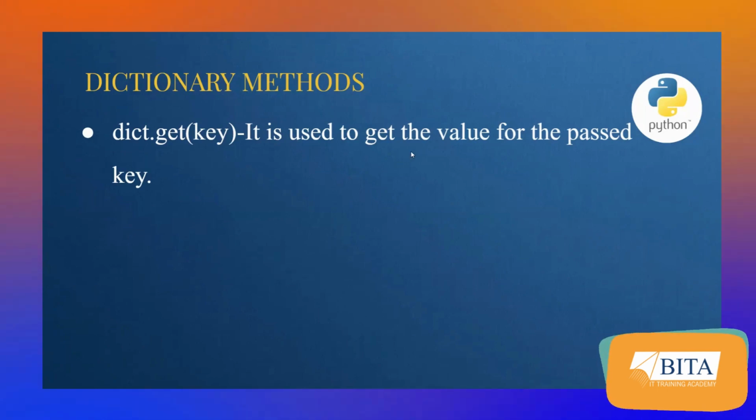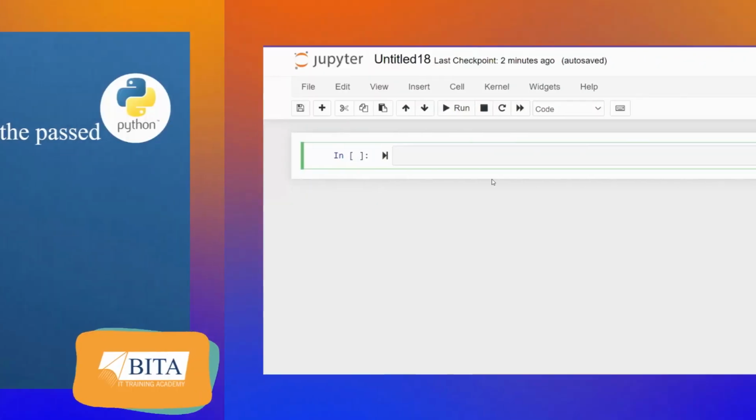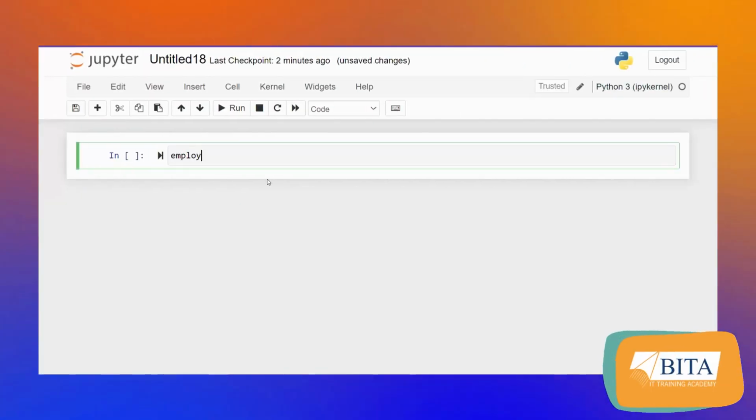Okay. So for example, we have a dictionary called employee. In that employee, we have some data. Employee name, that is name. If it is a string input, we have to pass the string in quotations. Experience true. Department, sales.